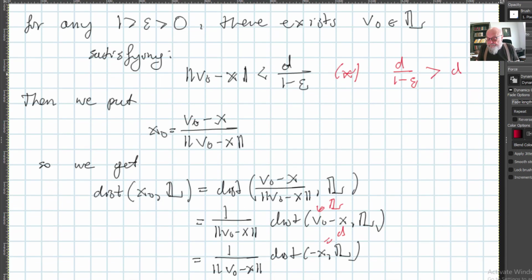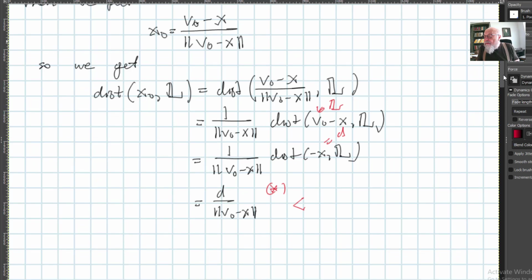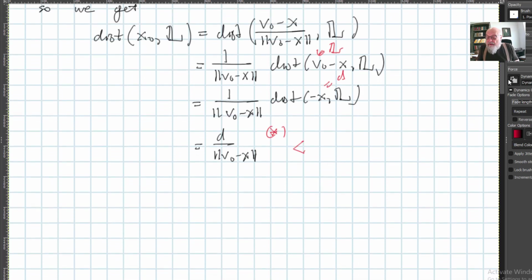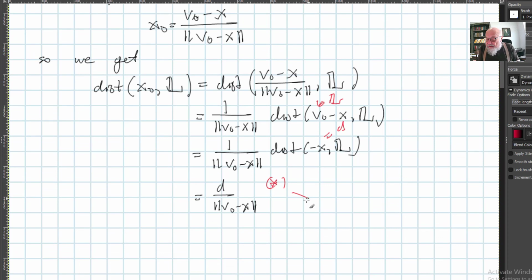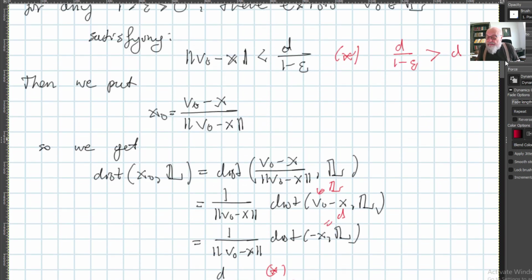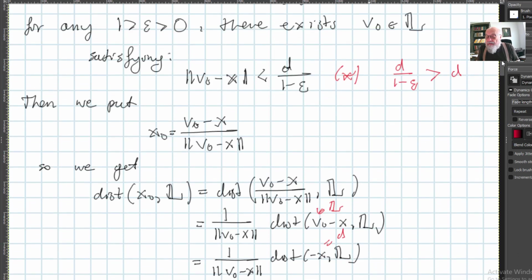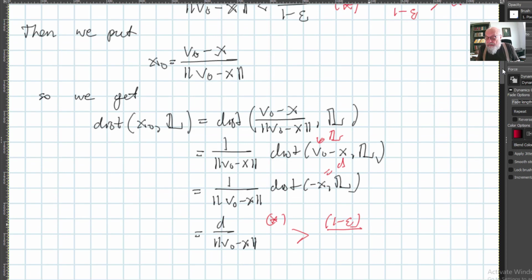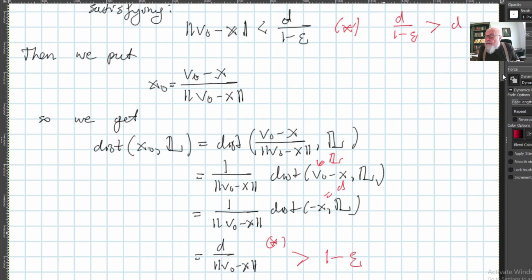By my star, the norm of v0 minus x is smaller than d over 1 minus epsilon, so d divided by that norm is larger than 1 minus epsilon.